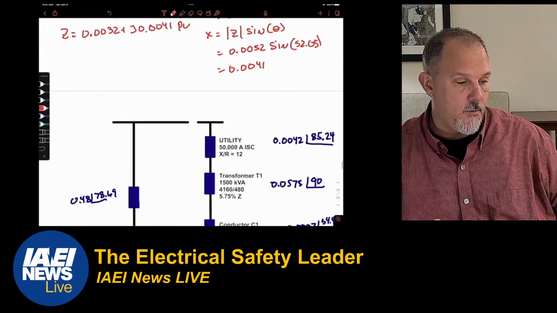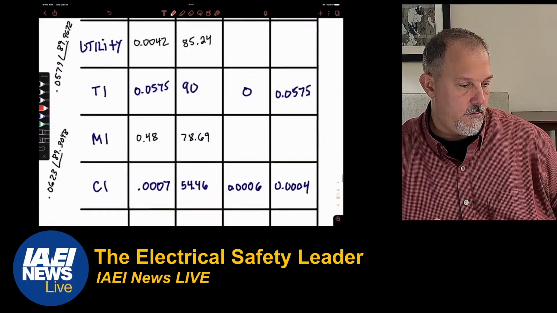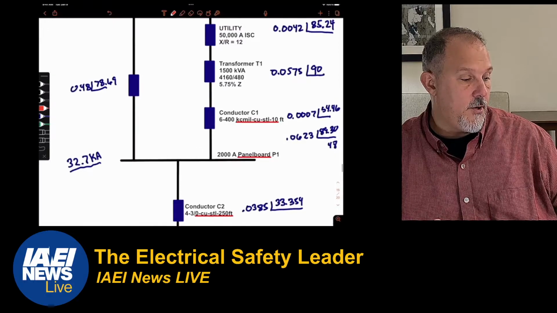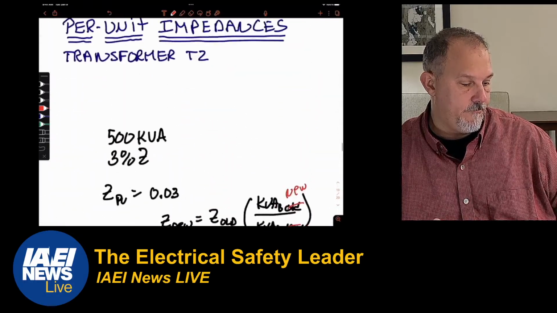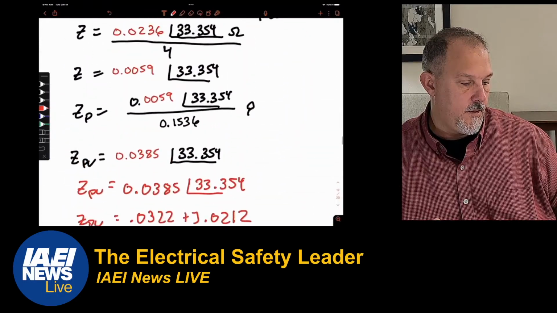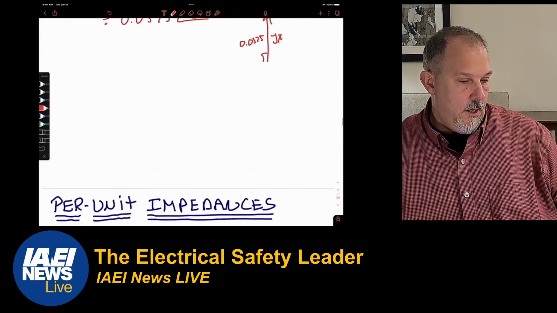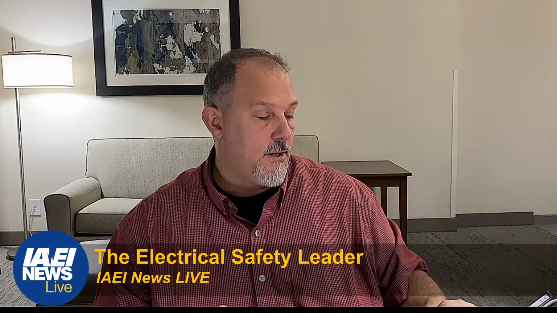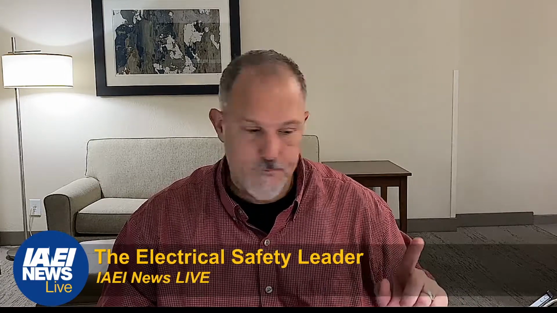Now the motor. Where's the motor? All right, so the motor. Let's go look at the motor. I did not do the motor calculation, but we're going to do it now. So I have 500 horsepower.